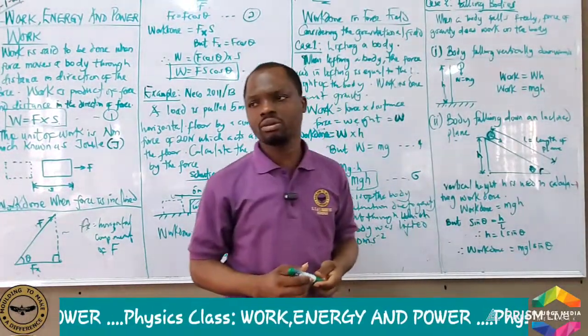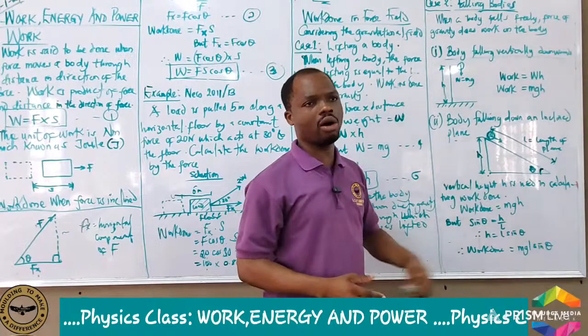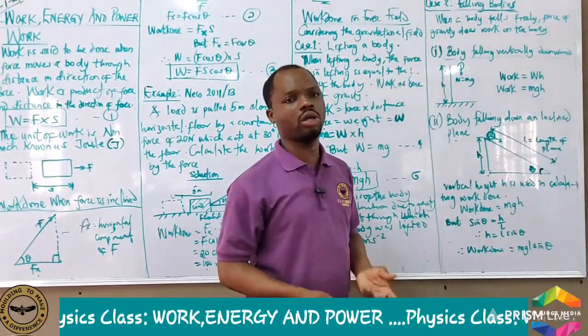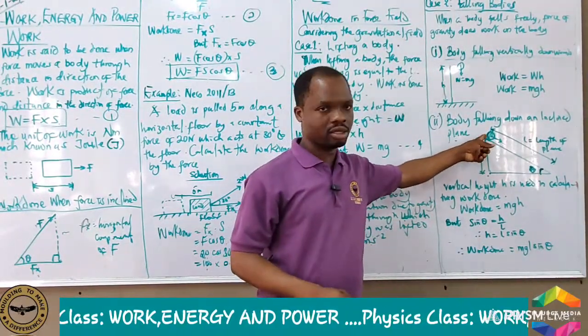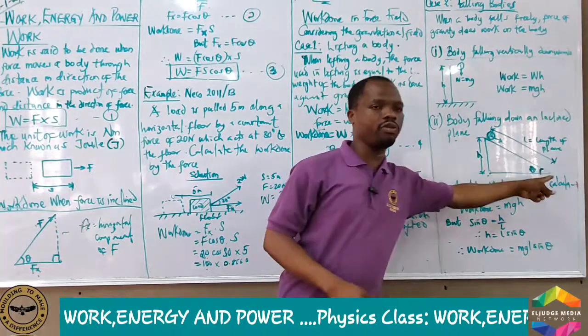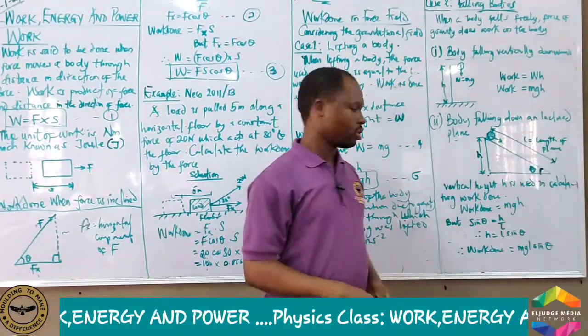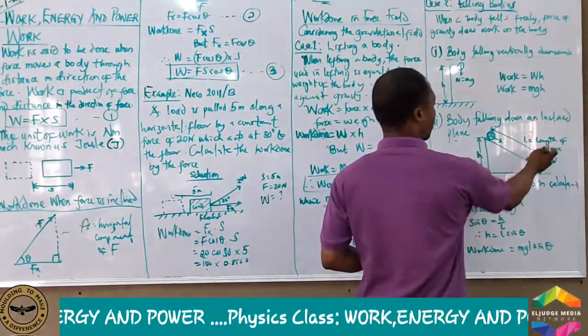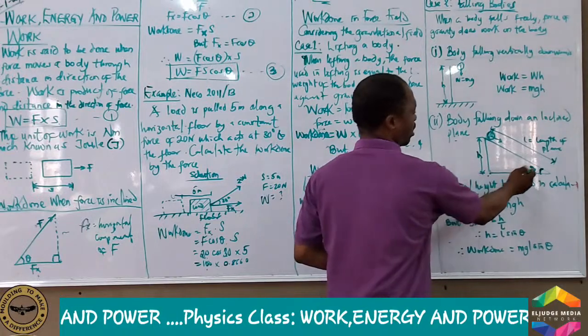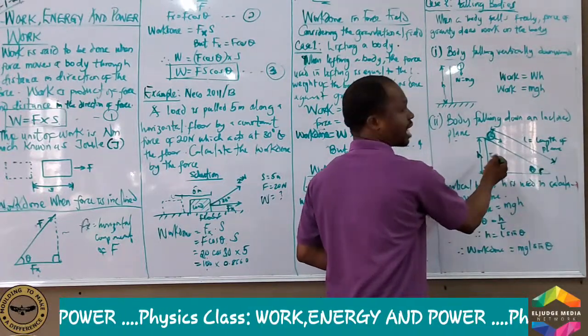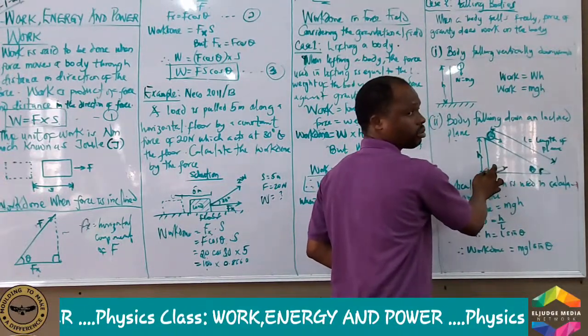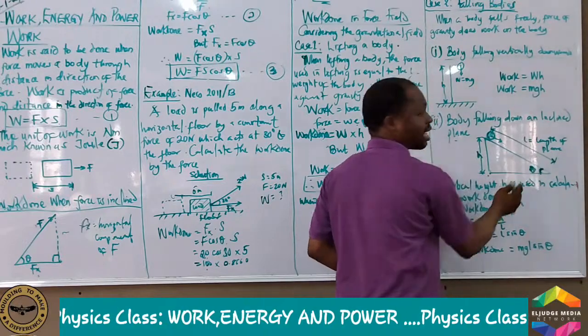But in calculation, we do not use the L to calculate the work done. We make use of the height through which this object moves, not the length of the plane. So we are going to find h in terms of L. And you know this h is the opposite side of this triangle. This L is the hypotenuse.